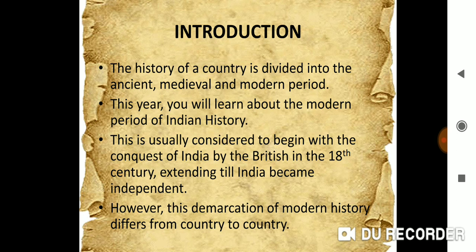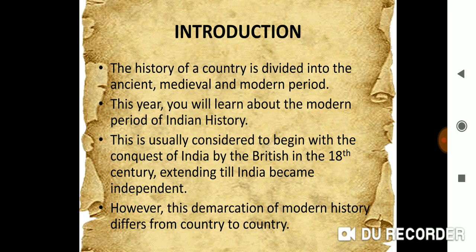But basically in this year we will read about how the Britishers came into India, how they ruled over India, and then the Indian nationalist movement. So many nationalist movements happened at that time. The role of Mahatma Gandhi, the role of Jawaharlal Nehru, the role of Subhash Chandra Bose. So in this year we will discuss that.